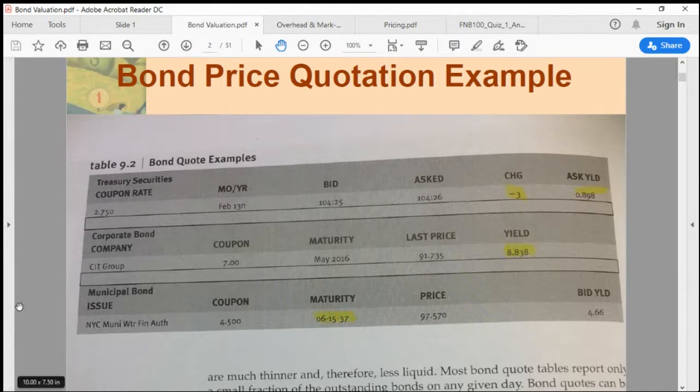It's the price in an auction. Bid is the price that the buyer is willing to pay, right? And ask is the price that the seller is asking for, the seller wants to receive.